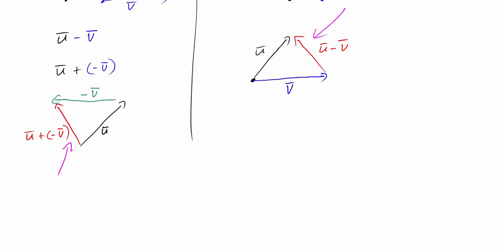Okay, so now let's look at this more from an algebraic standpoint when we actually have some numbers. If we have our vector u equal to 2, 3, and v equal to 4, 0.